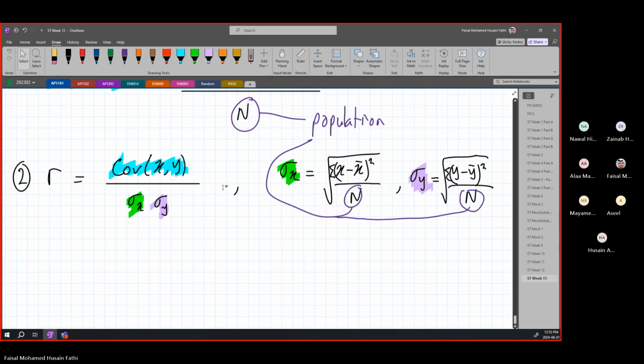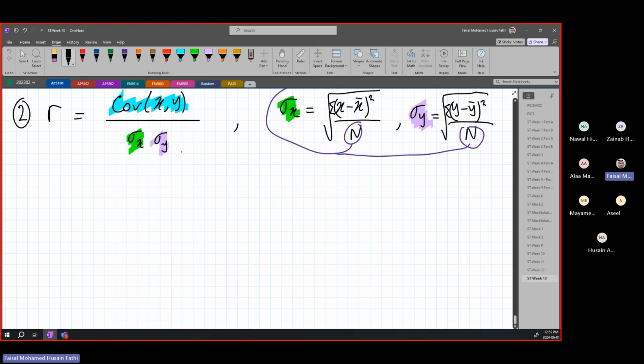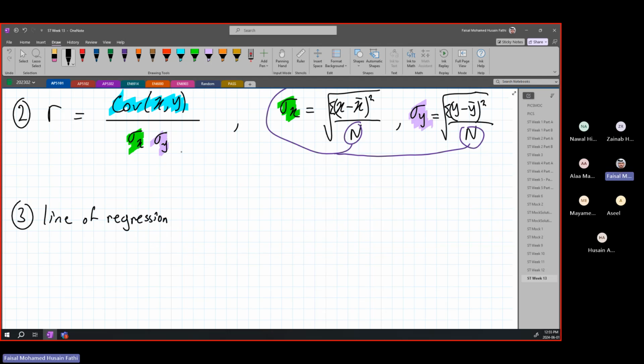All right. Once you're done with that, third is the line of regression or regression line, which is y is equal to mx plus b, or in this case, a1 x plus a0.